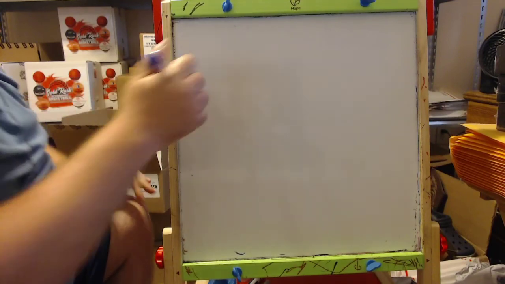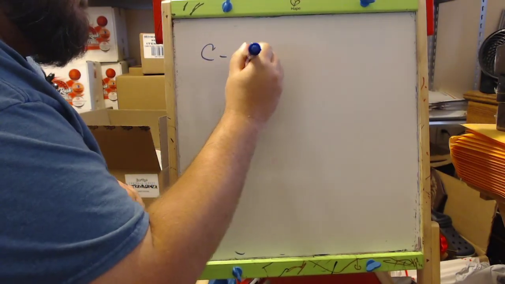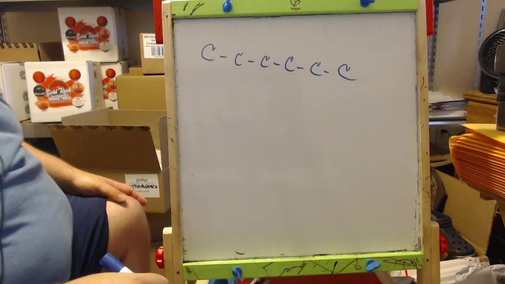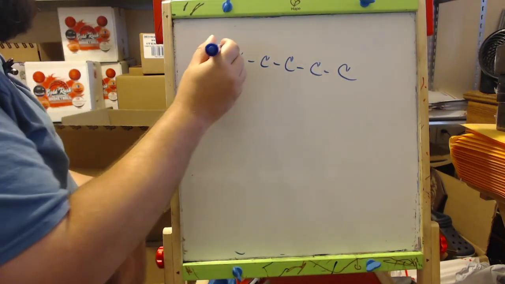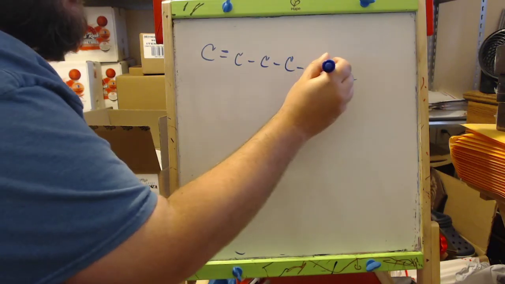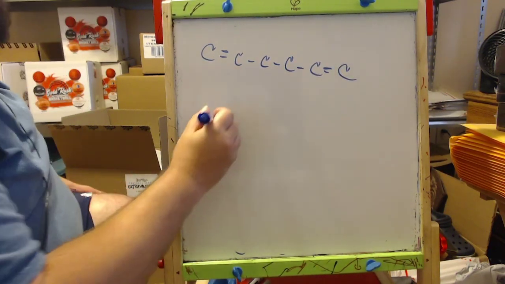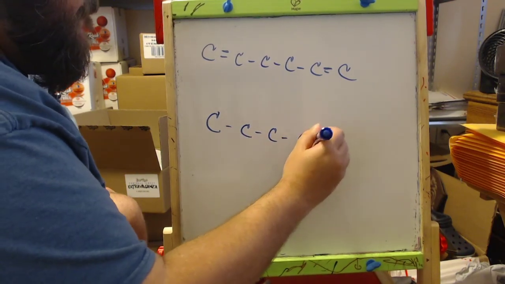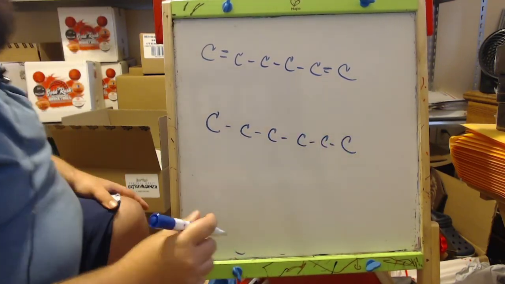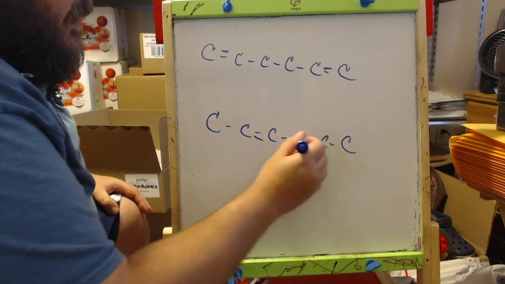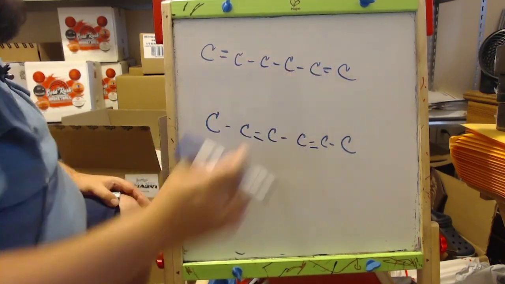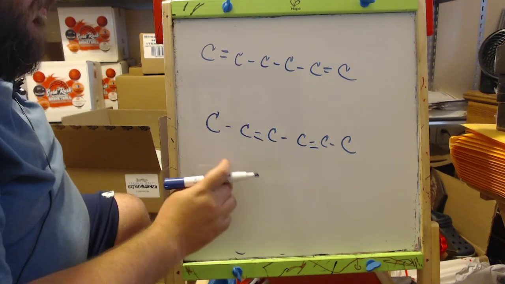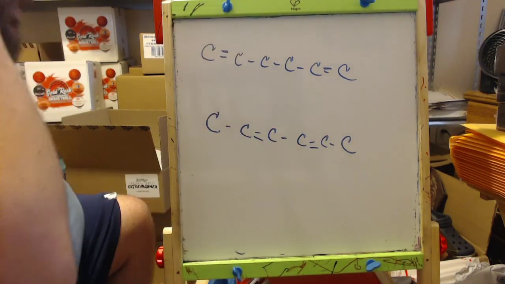Let's use a 6-carbon chain. 1, 2, 3, 4, 5, and 6. I could be here and here. So this is 1,5-hexadiene. This is 2,4-hexadiene.